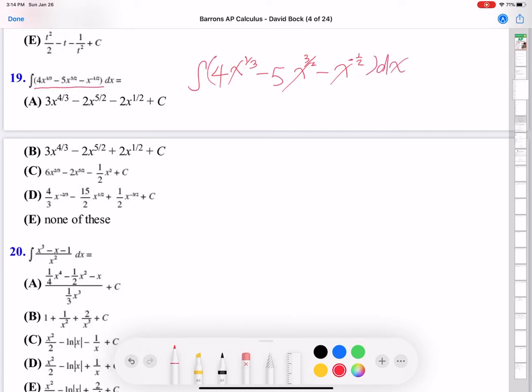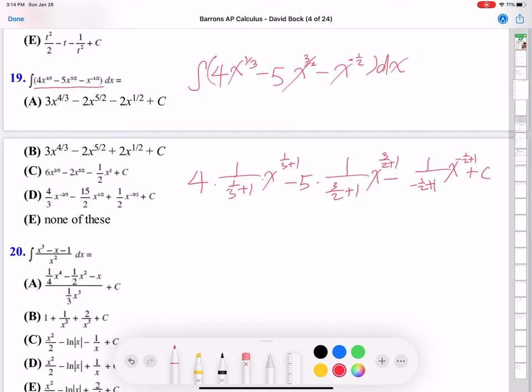Keep using the same power rule: 4 times 1 over n plus 1 times x to the n plus 1, minus 5 times 1 over 3/2 plus 1 times x to the 3/2 plus 1, minus 1 over negative 1/2 plus 1 times x to the negative 1/2 plus 1, plus c.